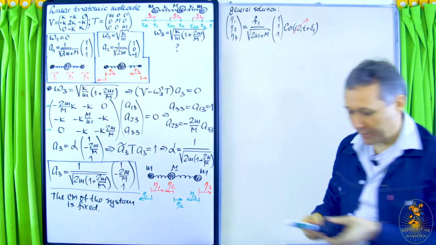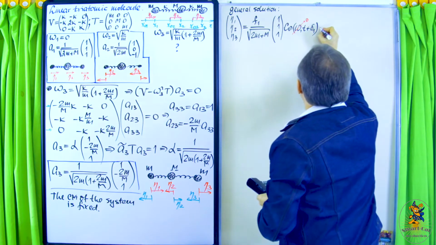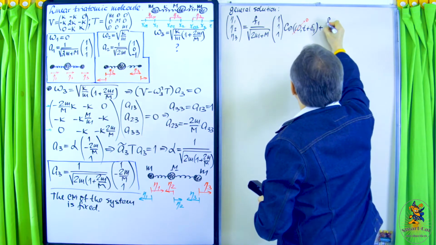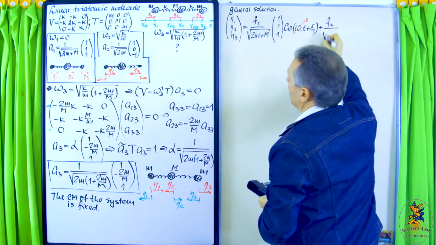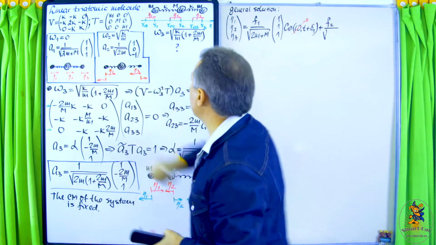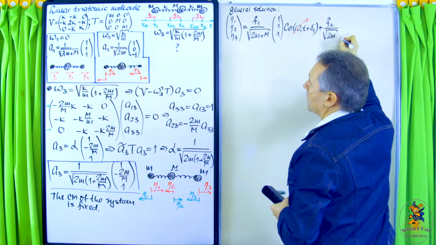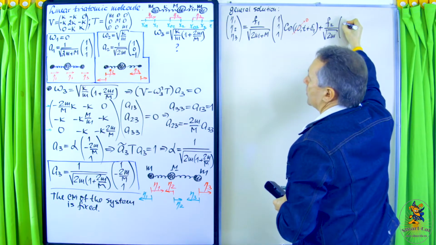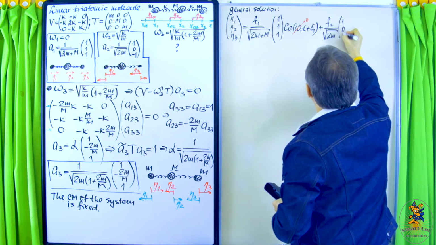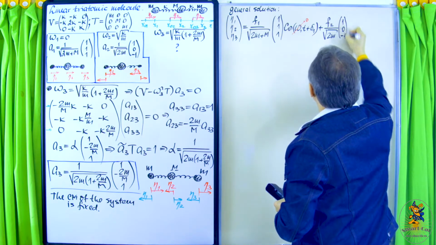So first part of general solution now, second, so f2 divided by normalization factor 2m, and eigenvector, so it will be 1, 0, and 1, right?